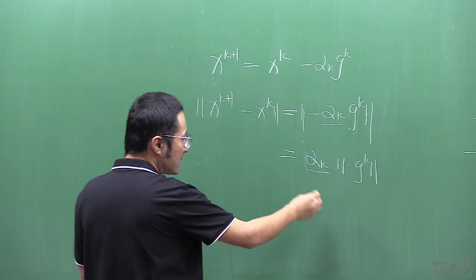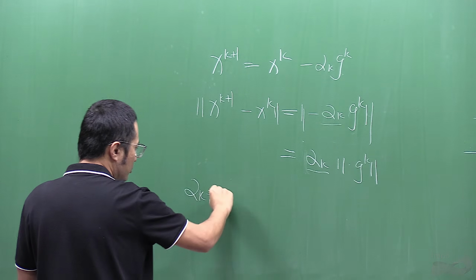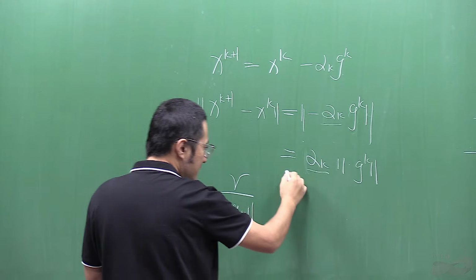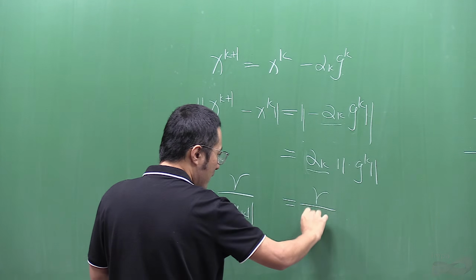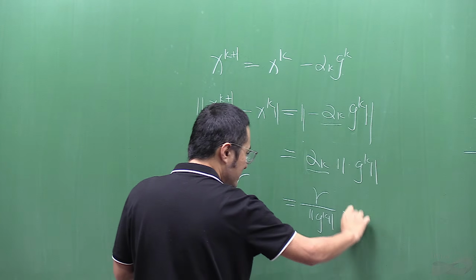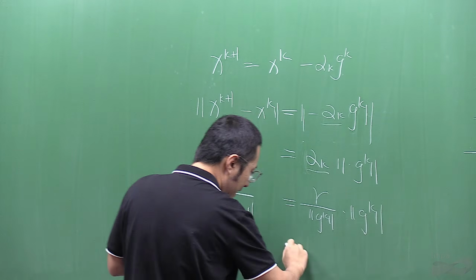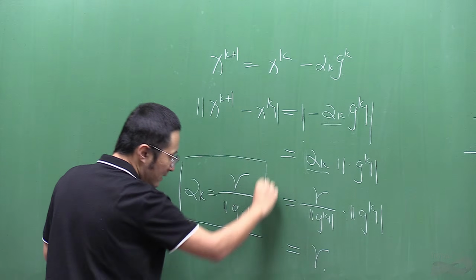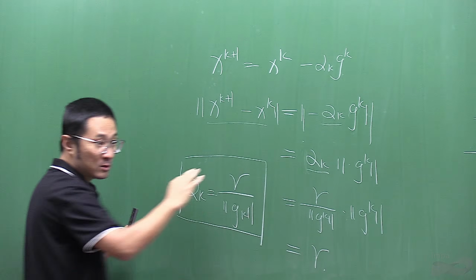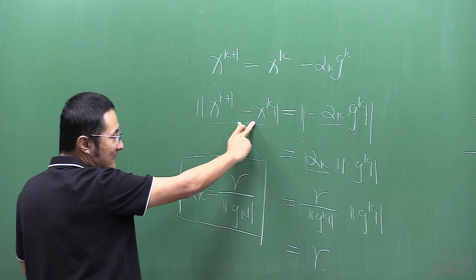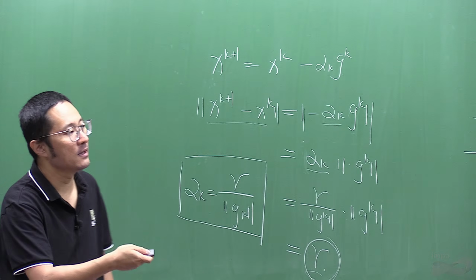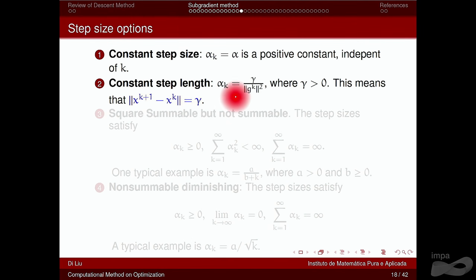And if we choose alpha k equals some constant gamma over the norm of gk, then this becomes gamma over the norm of gk, times the norm of gk, so you have gamma. This means if you choose your step size like this, in each iteration the distance between two points, xk plus 1 and xk, is a constant gamma. So it should not be gamma over the gk norm square; it should be the gk norm without a square.